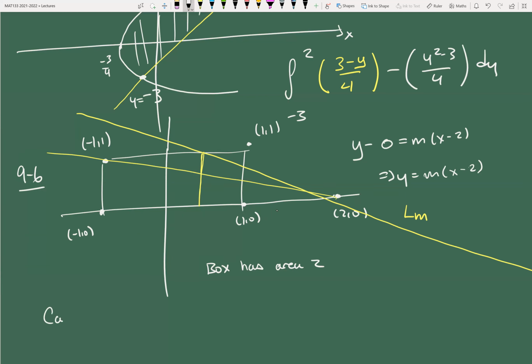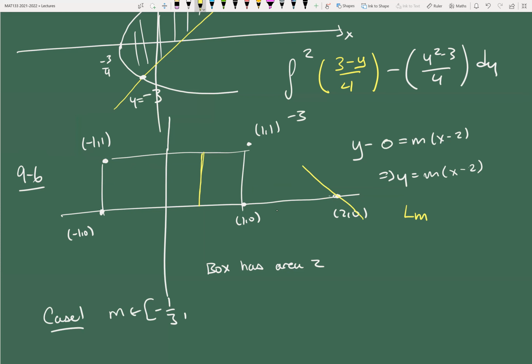So case 1, M is between negative 1/3 and, and then if the line is like this and it's outside the box, it certainly doesn't have a chance, right? So if the slope is like that, that corresponds to a slope of what? So rise over run is -1. Okay, so these values of the slope guarantee that the line hits the top of the box.